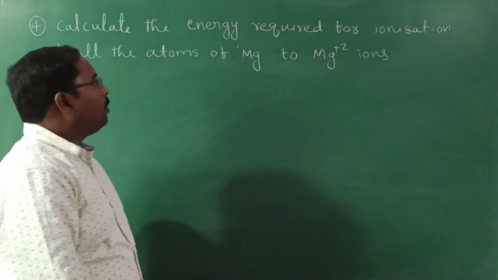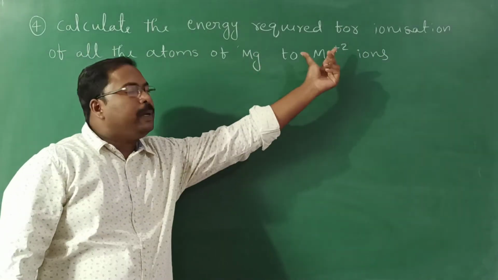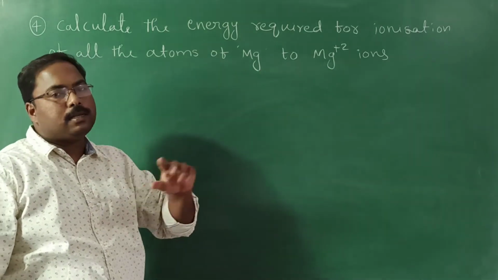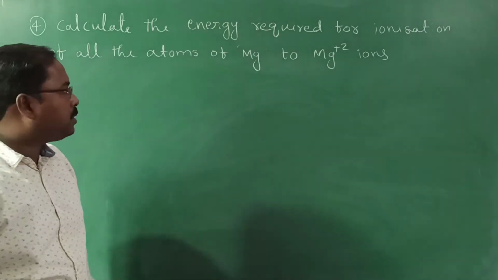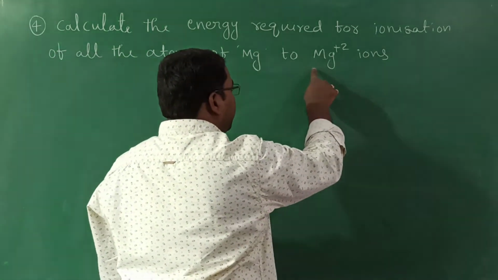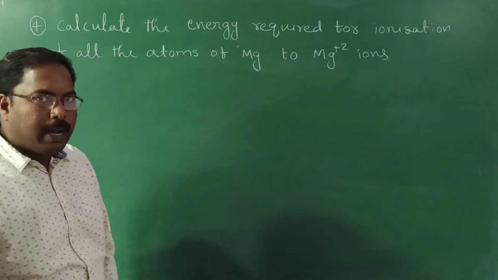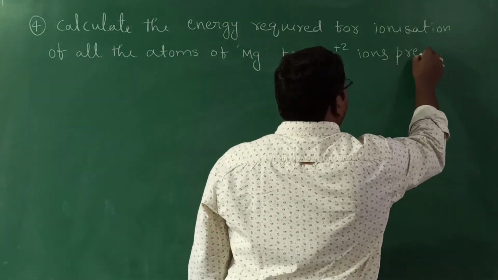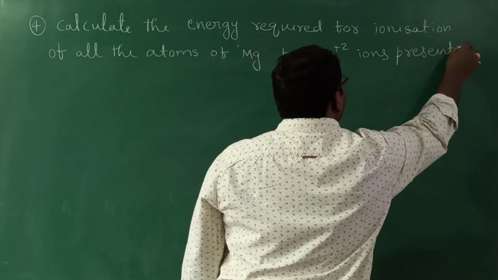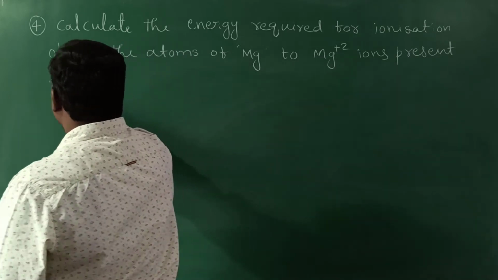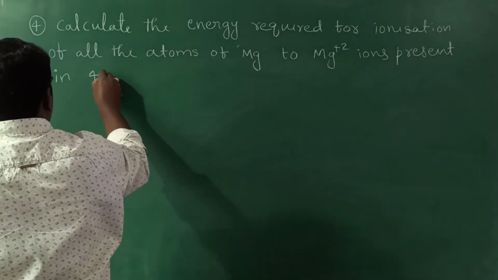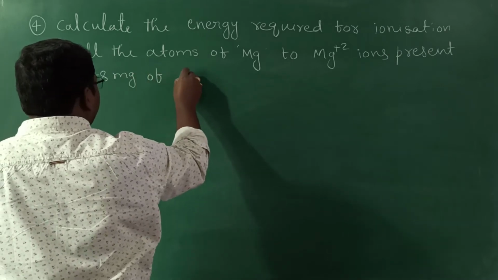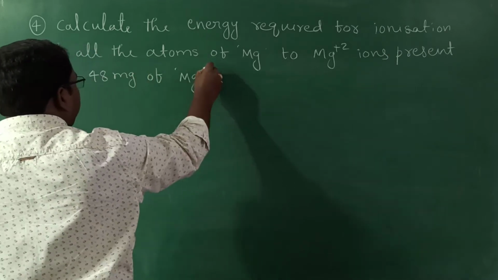Okay, magnesium to magnesium+2 means here we need to remove 2 electrons from the magnesium atoms to convert the magnesium atom into magnesium ions, present in 48 milligrams of magnesium vapor.